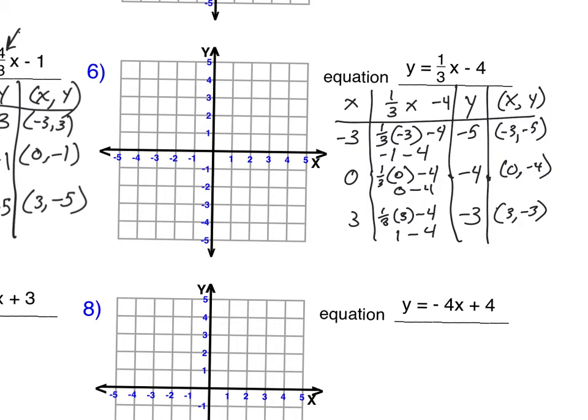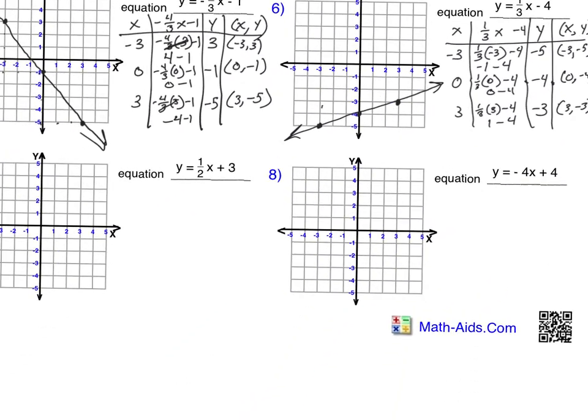All right, and we plot those. Left 3 and down 5. That puts me clear down here. 0 and down 4. And right 3 and down 3. So that line just kind of hangs off the bottom of this grid.